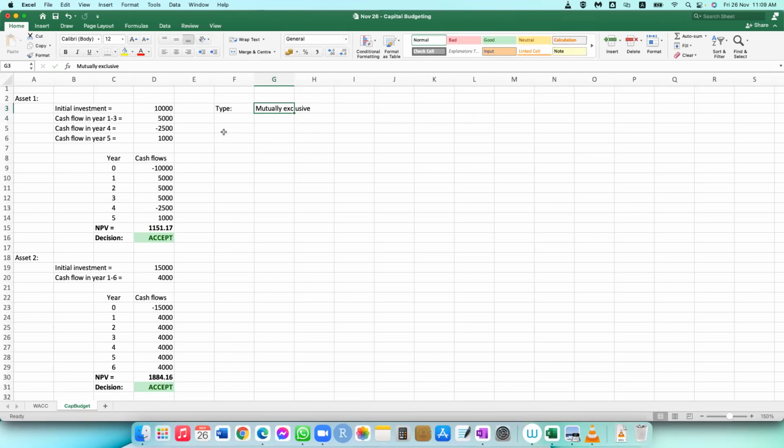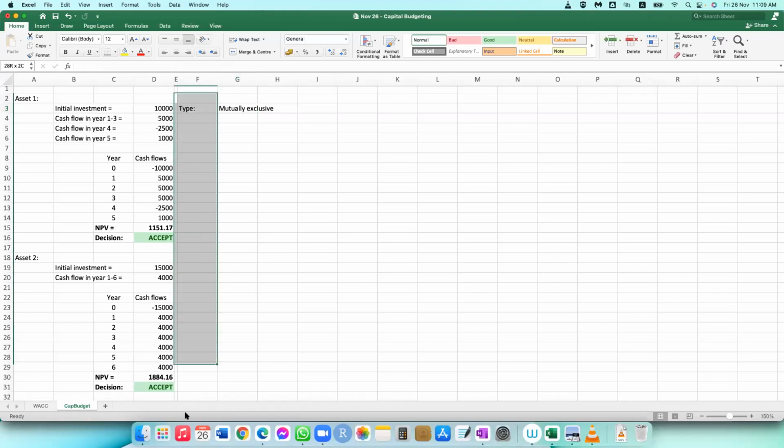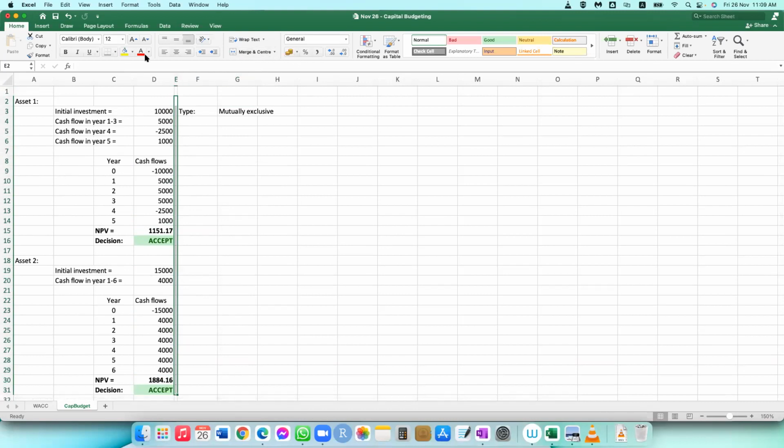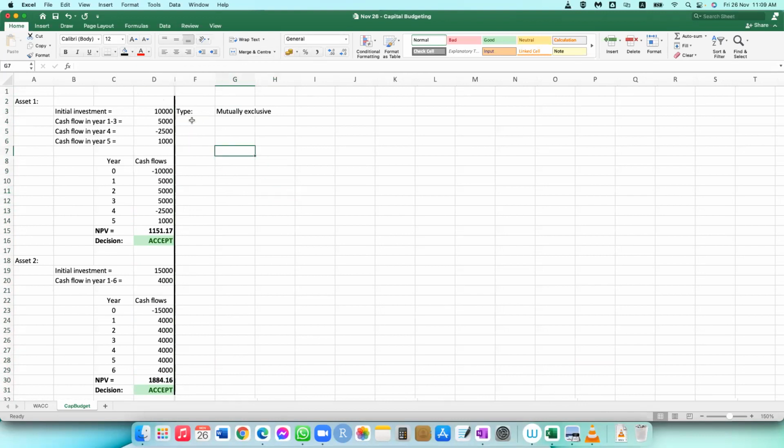So if the type of alternative is mutually exclusive, let me separate this portion. If the type of alternative is mutually exclusive, then what is the decision?